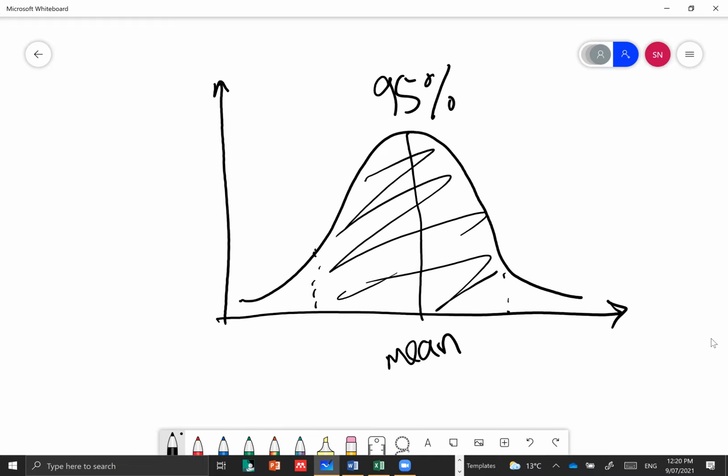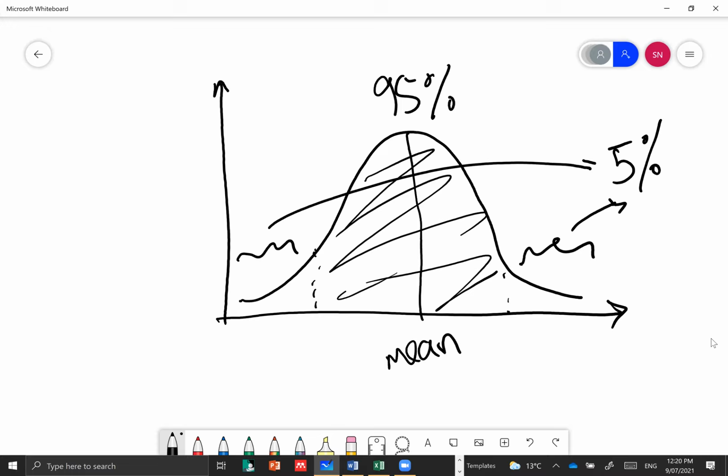That means that this area here and this area here together add up to 5%. Or to put it in another way, this is 2.5% and that is 2.5%.